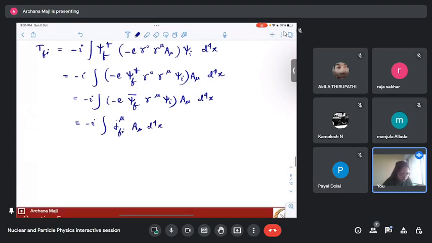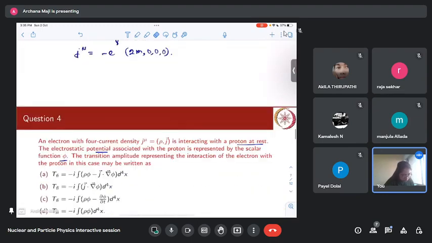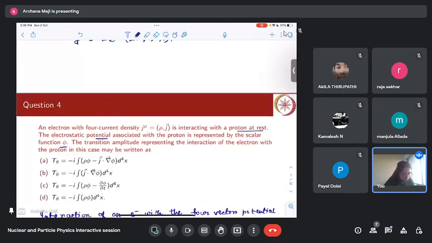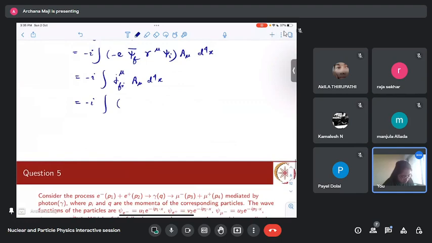Now J mu is rho comma J vector, and A mu is phi comma 0.